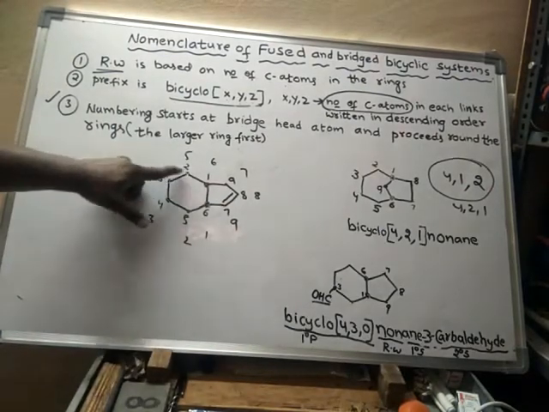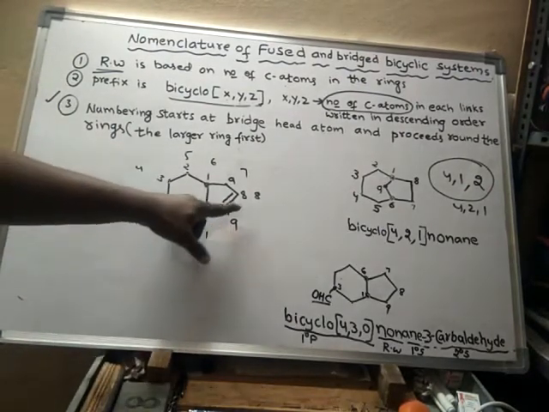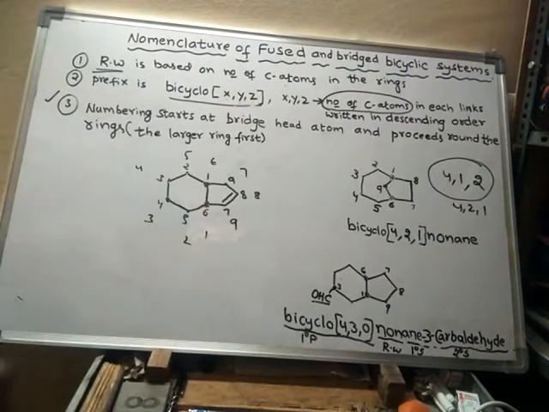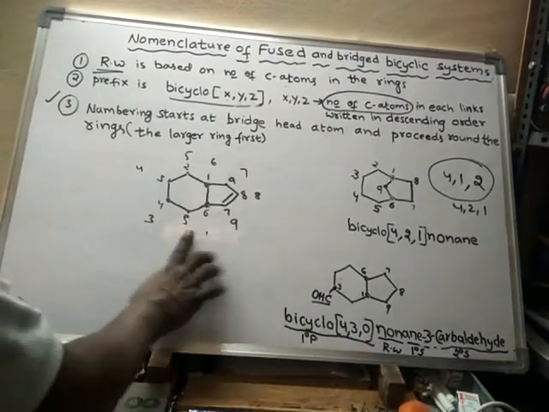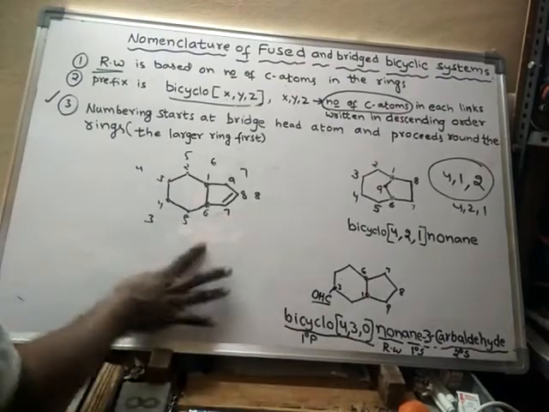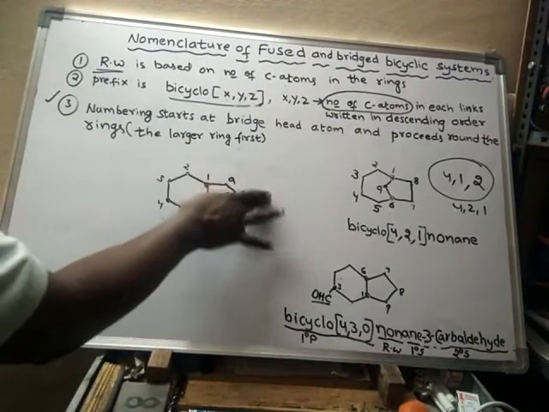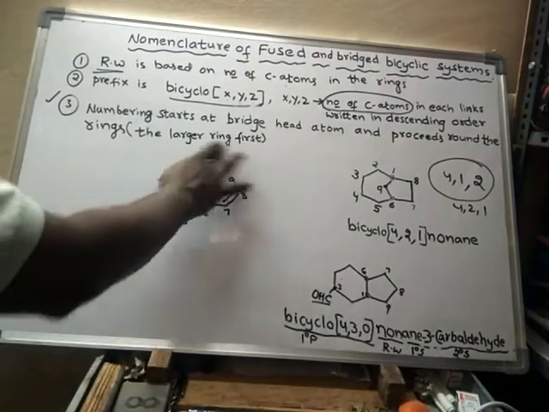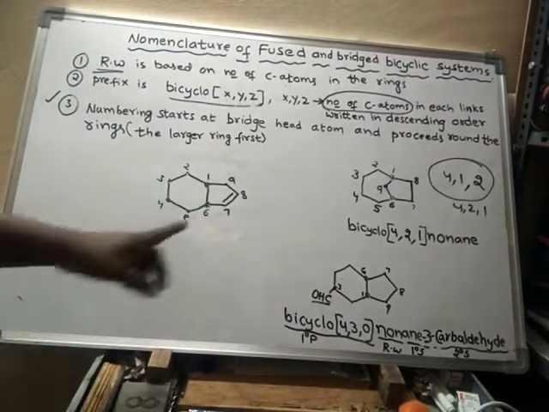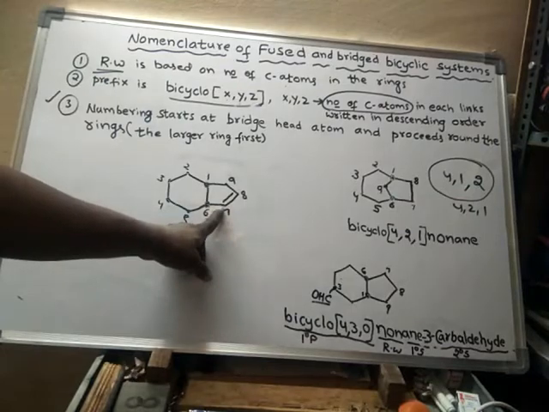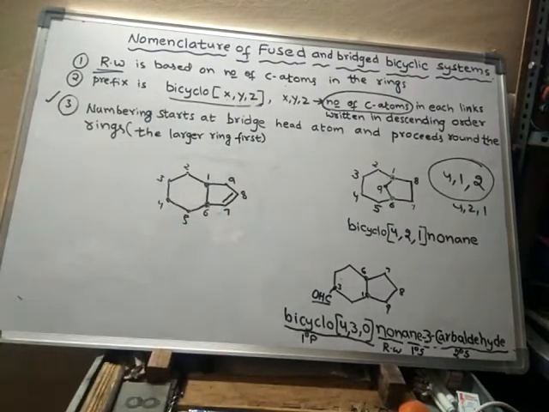If you give numbering in the inner fashion, your 7th carbon will get the double bond. So this numbering is wrong numbering, because the carbon having multiple bonds should get the lowest possible number.